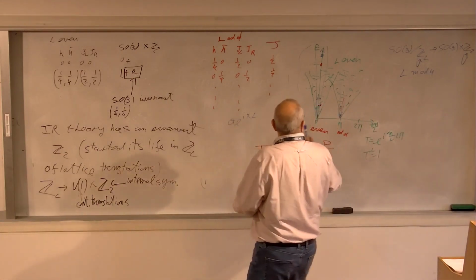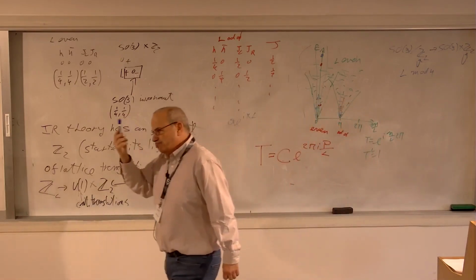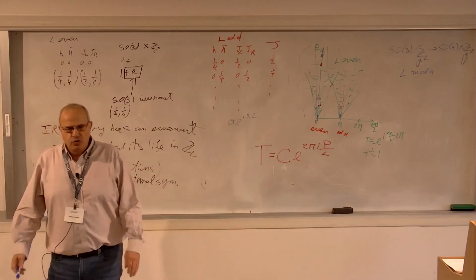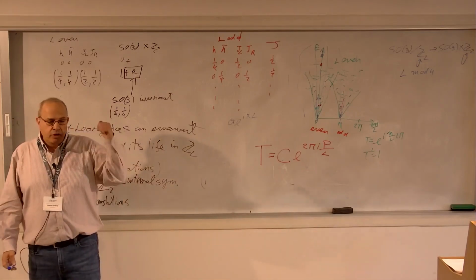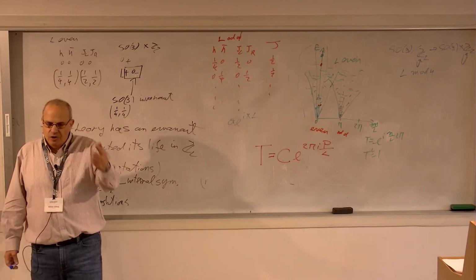From what I said here, it looks like there's a Z2 in the ZL. So what I really mean is that if you look at the spectrum, the operator C acts projectively on the twisted sectors.